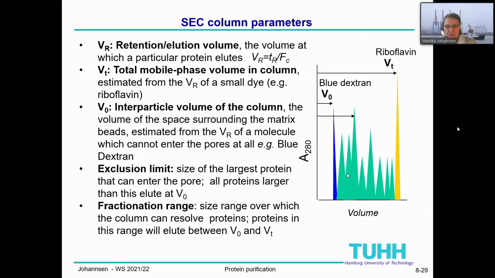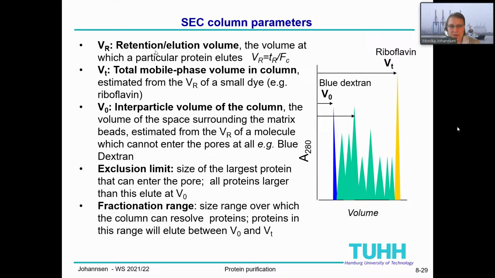So if we look closer at this kind of chromatogram, we find the typical parameters we know from other chromatographic processes, but in size exclusion chromatography, it's usually described by the volume and not by retention time.